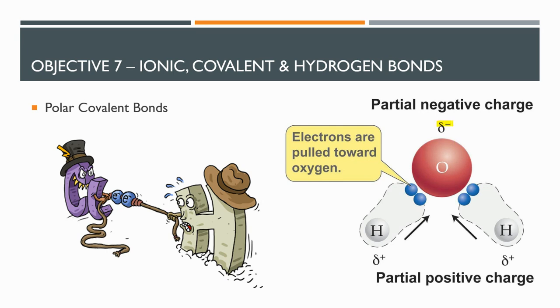And so what happens is we get these little weak charges. And so notice it's a partial charge. It's not like an ion where it's a full-on positive or negative charge. We get a kind of negative region here and a kind of positive region there. So they're just kind of these weak charges. And that's what we call a polar molecule. They have positive and negative poles.